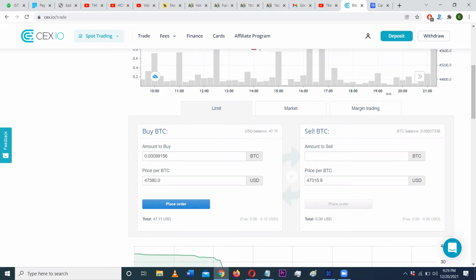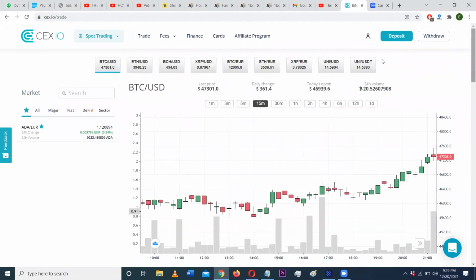But you realize that, like I said, prices fluctuate instantly. If you watch this and stay long enough, the Bitcoin price is going up, down, up, down. People try to time it, but because of the fees, so you see, it's $47,380. Let's wait for it and see.